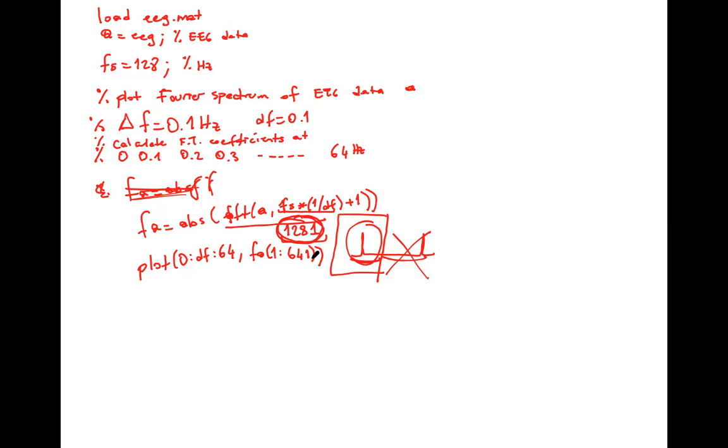Is it understood, friends? So if you put directly this one, then you're going to have the whole mirror image stuff. I am only interested in the first half of it.